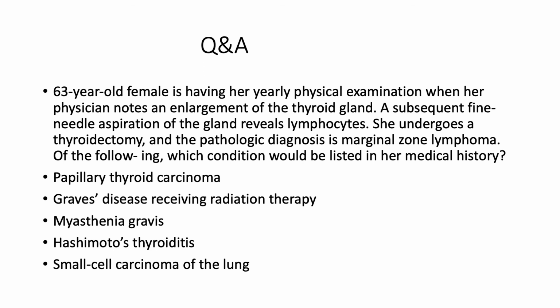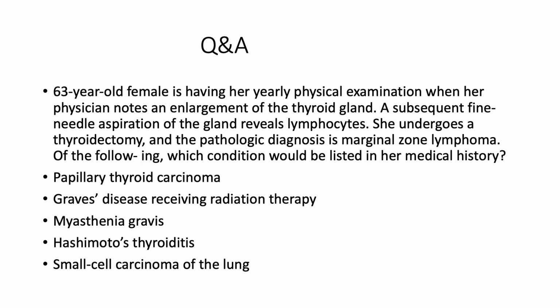So coming to the next question. So here you can see there is a 63-year-old female. There is enlargement of the thyroid gland, and FNAC study, fine needle aspiration study, reveals lymphocytes, and she undergoes a thyroidectomy, and a pathological diagnosis of marginal zone lymphoma is made on the biopsy specimen.